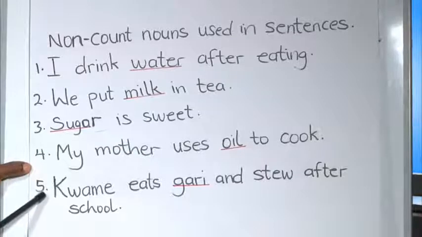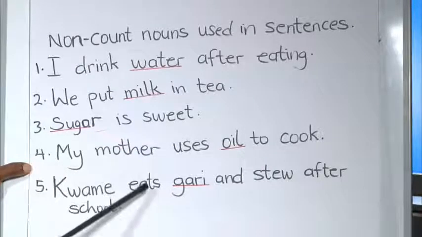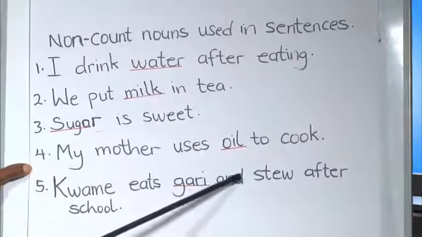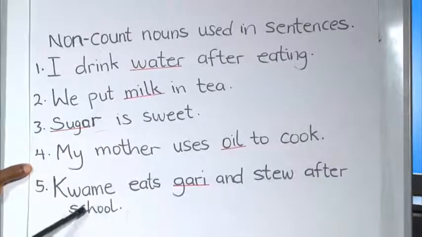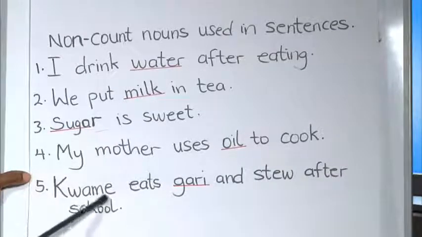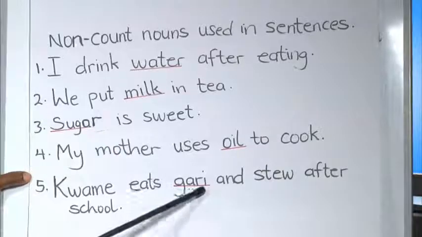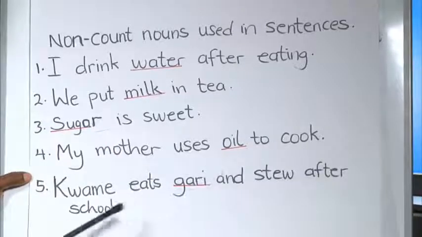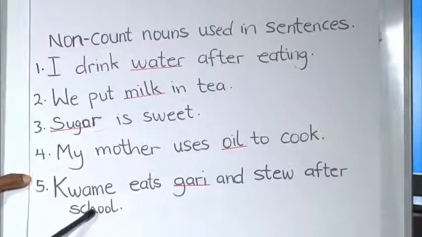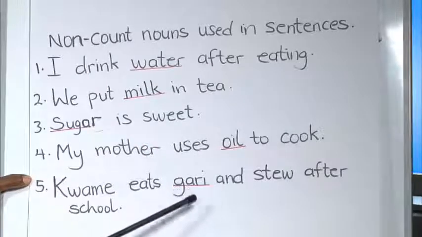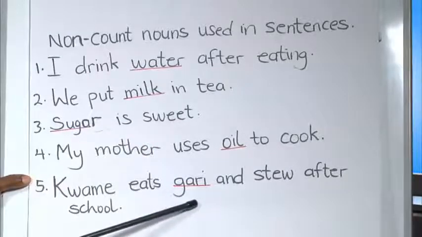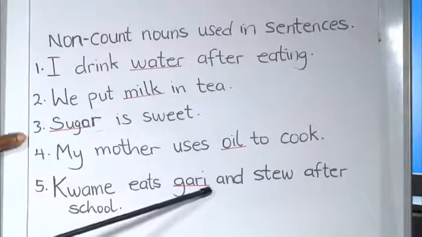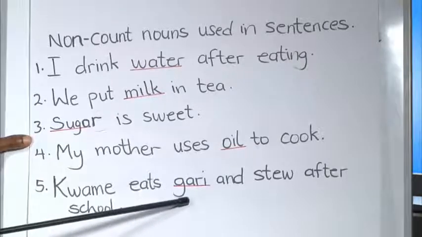Number 5, Kwame eats gari and stew after school. Do we have uncountable noun here? Yes. We have underlined gari.